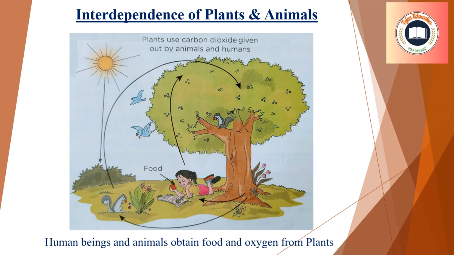So, we understand plants depend on animals and humans, and we depend on plants. The interdependence of plants and animals creates a balance in nature. If the number of either plants or animals increases or decreases suddenly, this balance will be disturbed.